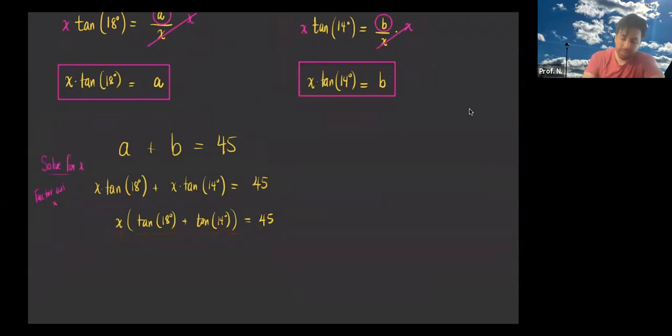And now you have x multiplied by a sum. So now you divide both sides by the expression tangent of 18 degrees plus tangent of 14 degrees. Now you divide by that on both sides.